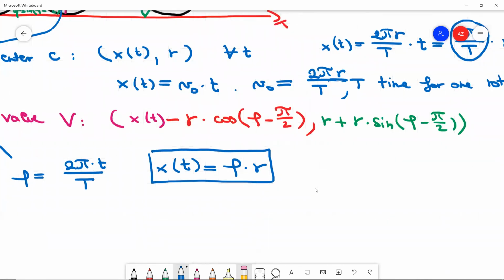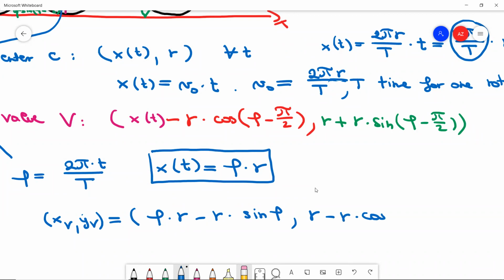So we plug this into our equation, and what we get is the position of the valve, x valve, y valve: phi times r minus r times cosine of phi minus pi over 2, which is just sine of phi, and then the second component is r plus r times sine of phi minus pi over 2, which is minus cosine of phi, so it's r minus r times cosine of phi.